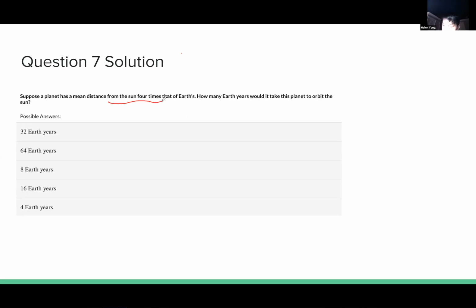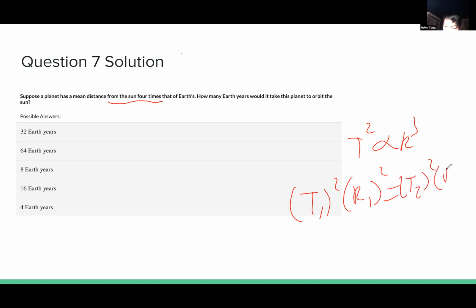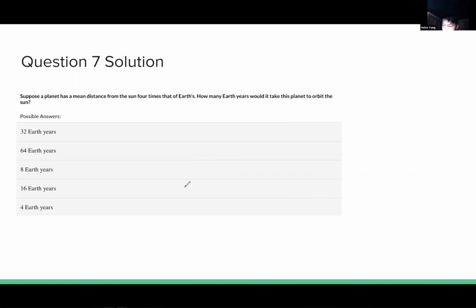So you could write t squared over r cubed, and you would get t1 squared times r2 cubed is equal to t2 squared times r1 cubed. In the other equation, we got that t1 over t2, squared, is equal to r1 over r2, cubed.